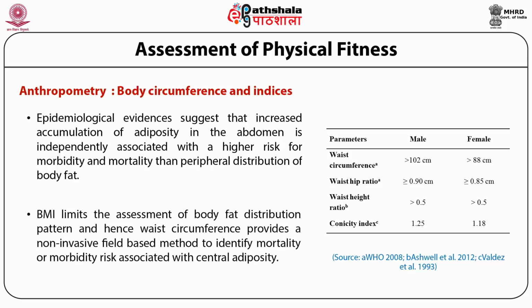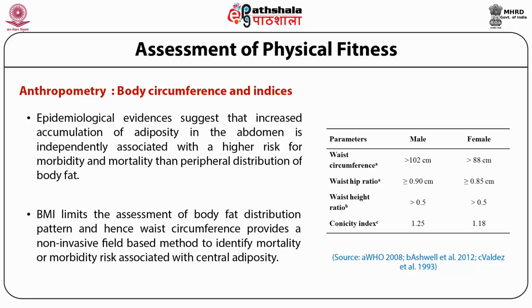The body mass index or the BMI limits the assessment of body fat distribution pattern and hence waist circumference provides a non-invasive field-based method to identify mortality or morbidity risk associated with the central adiposity.